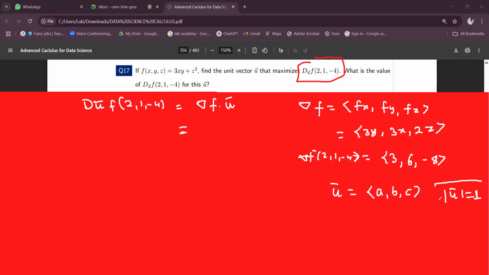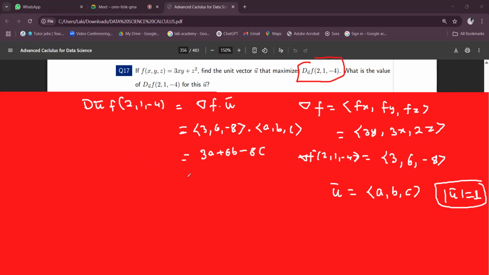So (3, 6, -8) dot (a, b, c) gives 3a + 6b - 8c.